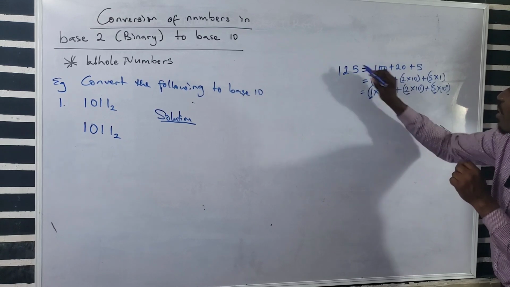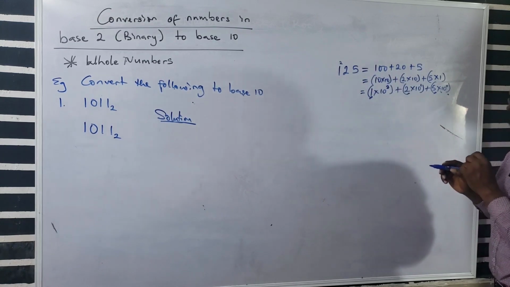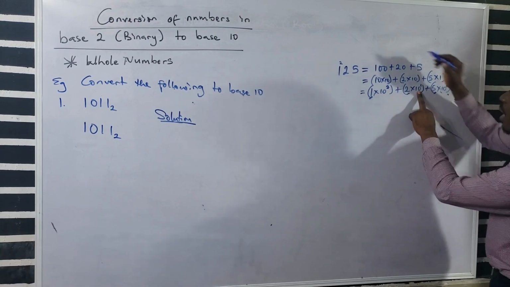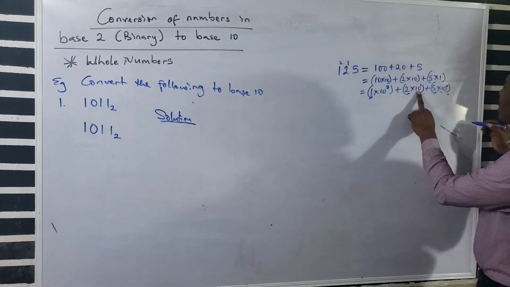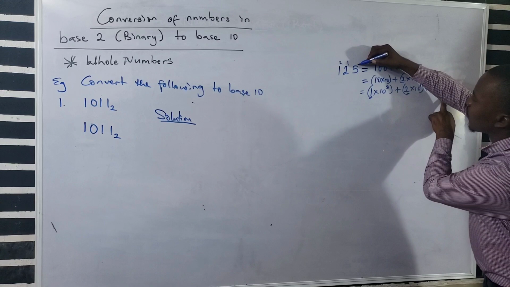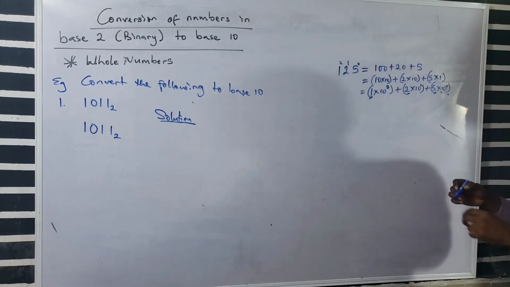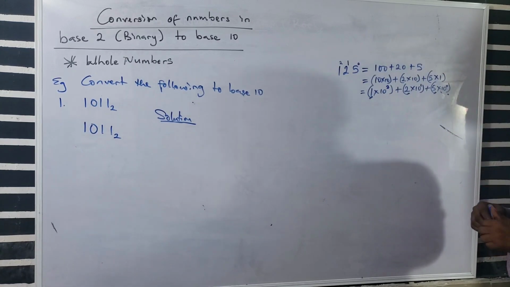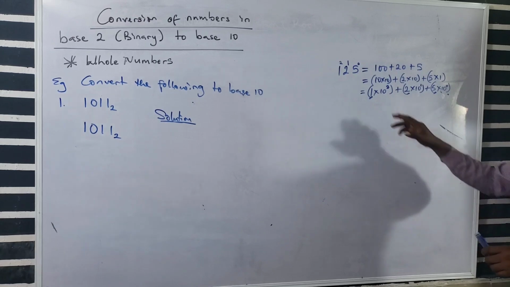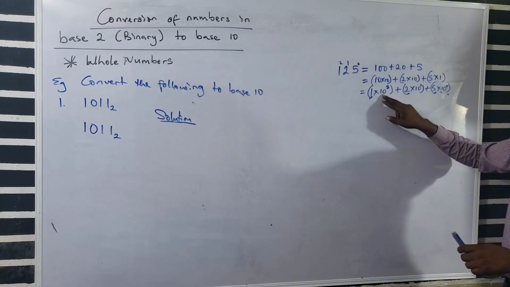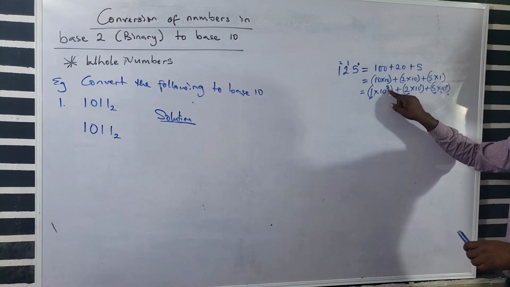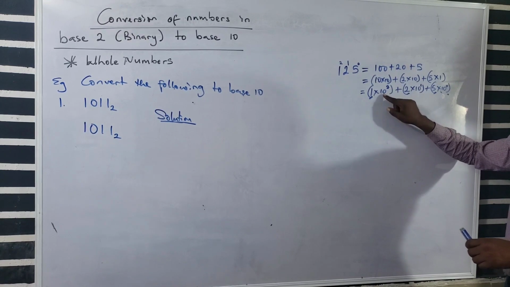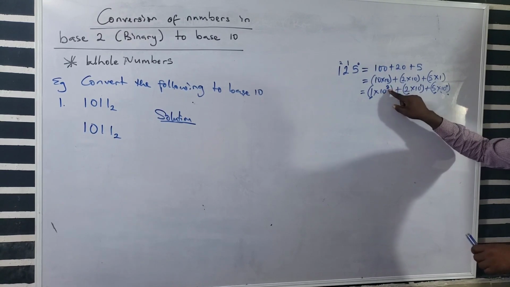So this one will have 10 raised to power 2, this one 10 raised to power 1, and this one 10 raised to power 0. That is what we normally do whenever we are converting to base 10. You multiply by the base and put the index of the number.